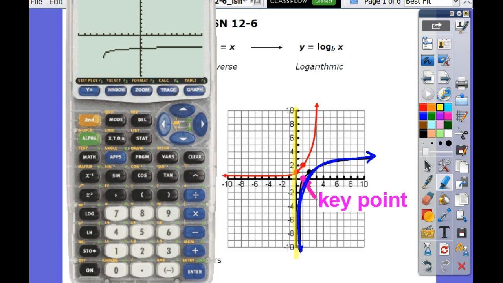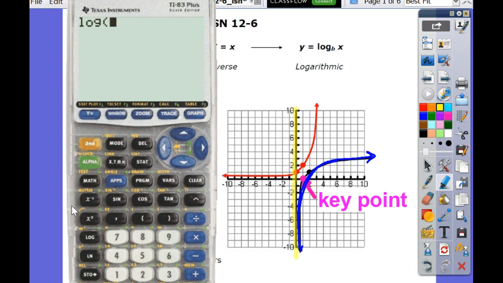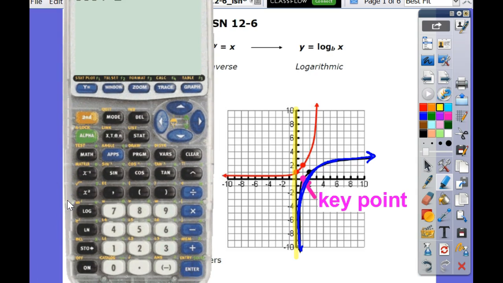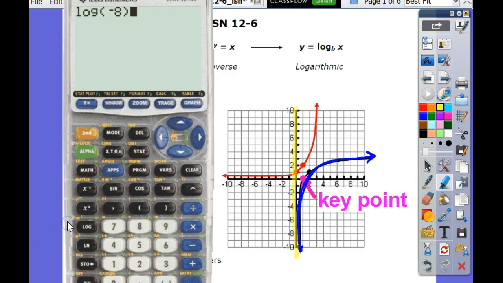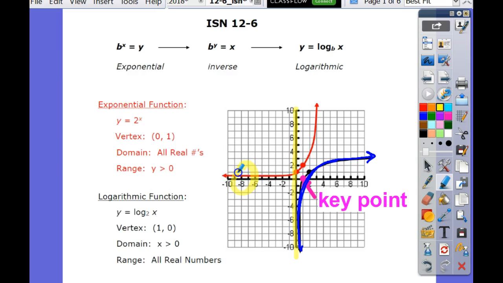Does this help you understand why the log of a negative number is what? Why is it like that? Do I have any x values over here? Is my graph over here anywhere?